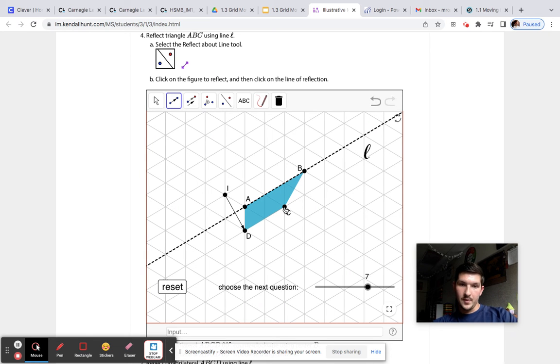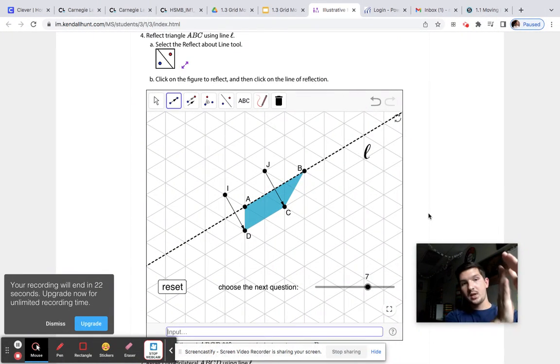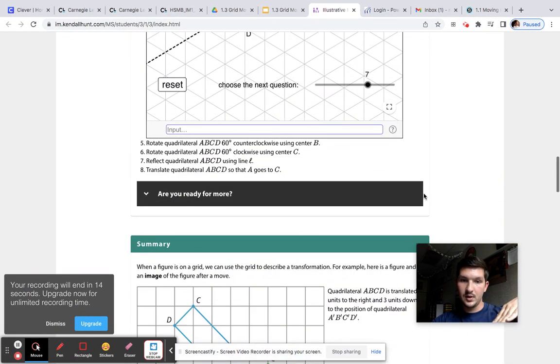Same with our B. Our C is the exact same way, right across from it, 1, and then count the other way, 1. It's going to be right there. That's how our reflections work. When you're reflecting, it's going one away on the other side. If it's 2 away on one side, it's going to be 2 away on the other side of that line of reflection.